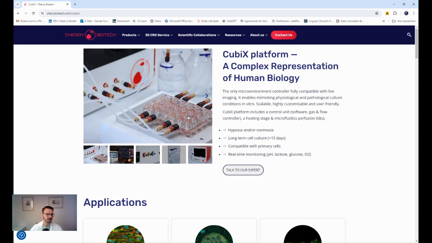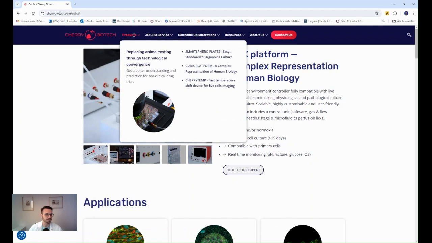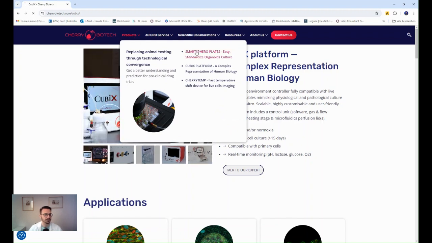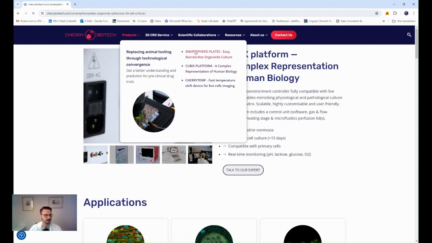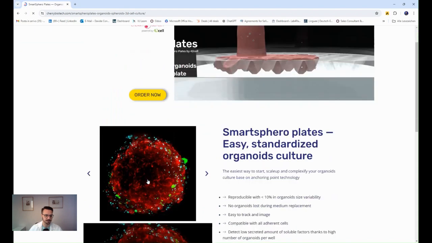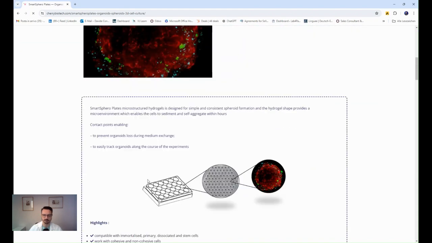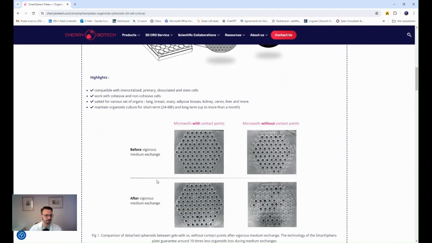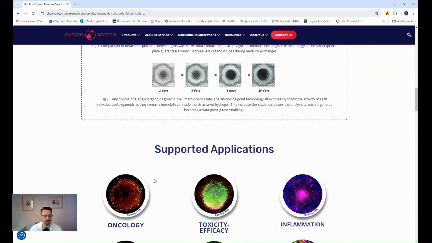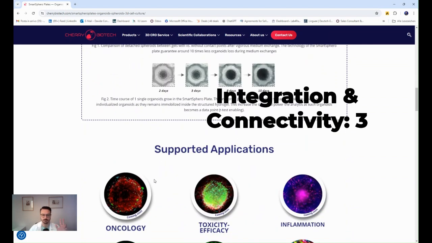There are not limitless combinations. Also, if you go for the smart sphere plates, we're just talking about individual wells. So in that case, integration and connectivity is not optimal compared to other systems, obviously always comparing to other systems. So here we will give a good 3.